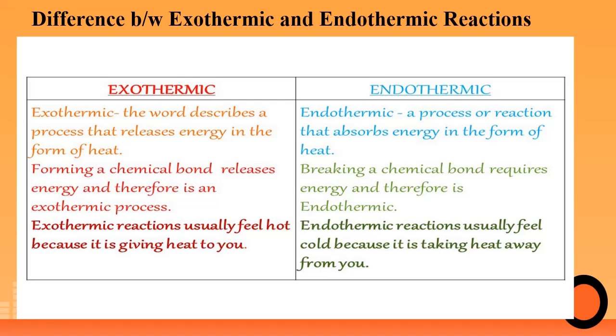It means it is absorbing energy. Breaking a chemical bond requires energy and therefore is endothermic. Endothermic reactions usually feel cold because they are taking heat away from you. So you can simply differentiate between exothermic and endothermic reactions by these common points.